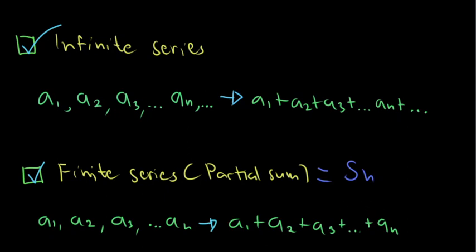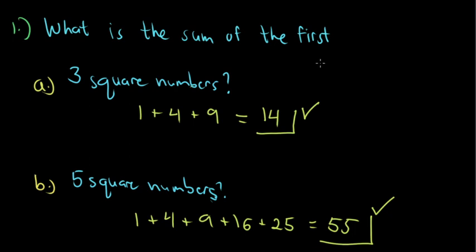Ibig sabihin pala, yung kaninang example natin dyan, the sum of the first three square numbers, ibig sabihin, we are also asked to look for S sub 3. Bakit S sub 3? Kasi yung series or yung sum ng first three terms. The same way dito sa letter B, what is the sum of the first 5 square numbers? Ang hinahanap pala natin is actually S sub 5.